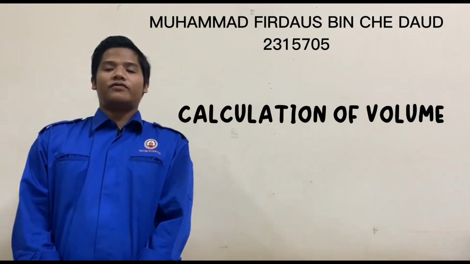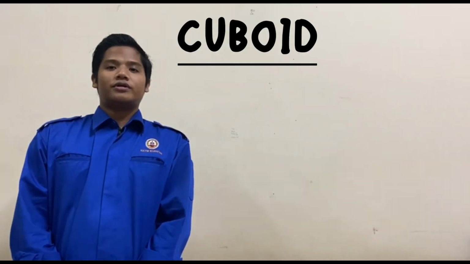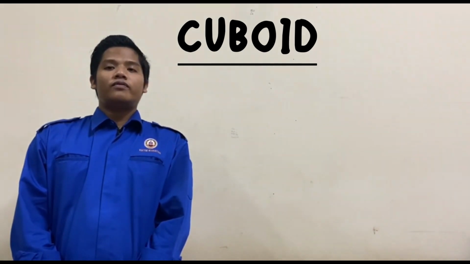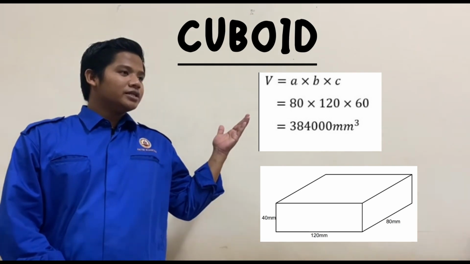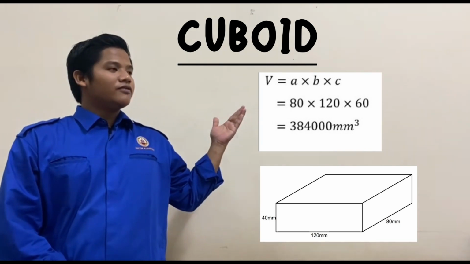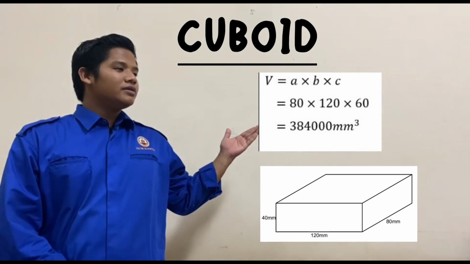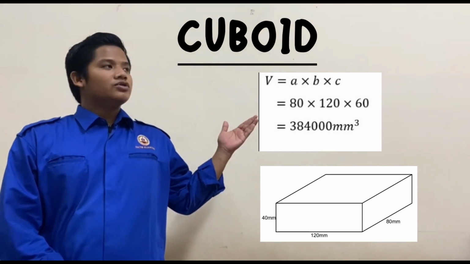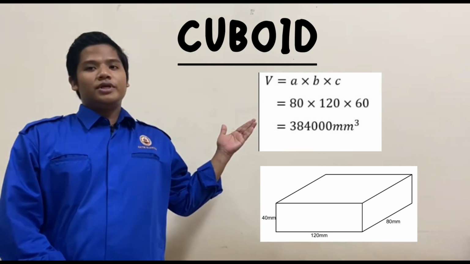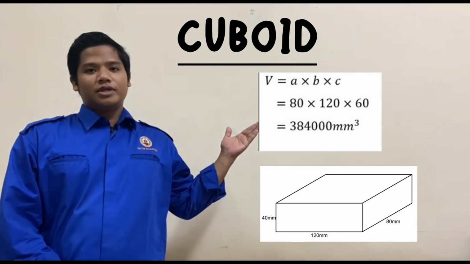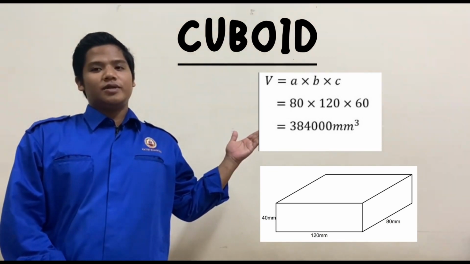So the first part of the toy is the cuboid. The formula for volume of a cuboid is A times B times C, where A stands for length, B is width, and C is height. The value of A is 80 millimeters, B is 120 millimeters, and C is 60 millimeters.